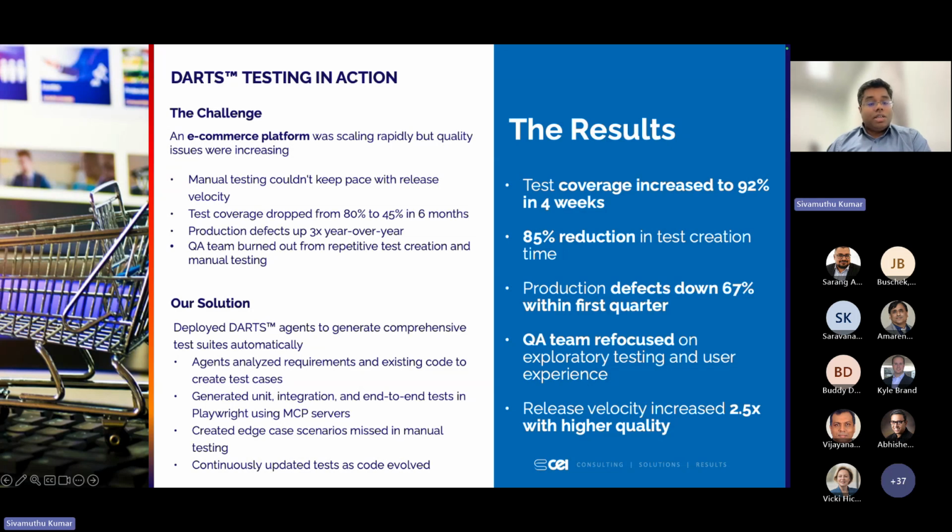So with DARTS automated testing agents, and we have Playwright, the agents analyze the requirements, generate unit, integration, and end-to-end tests, and continuously update the tests as the code evolves. In a few weeks, we were able to increase the code coverage to 92%, and production defects went down 67% within the first quarter as the entire quality automation was implemented. That's the kind of impact the testing offering is designed for.